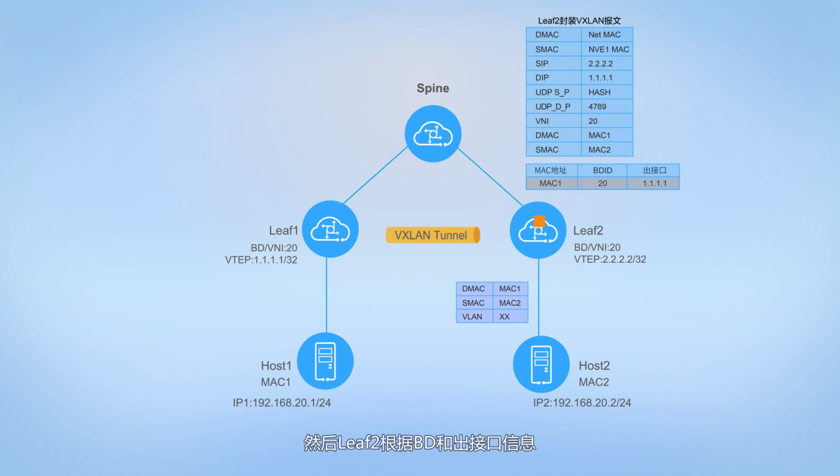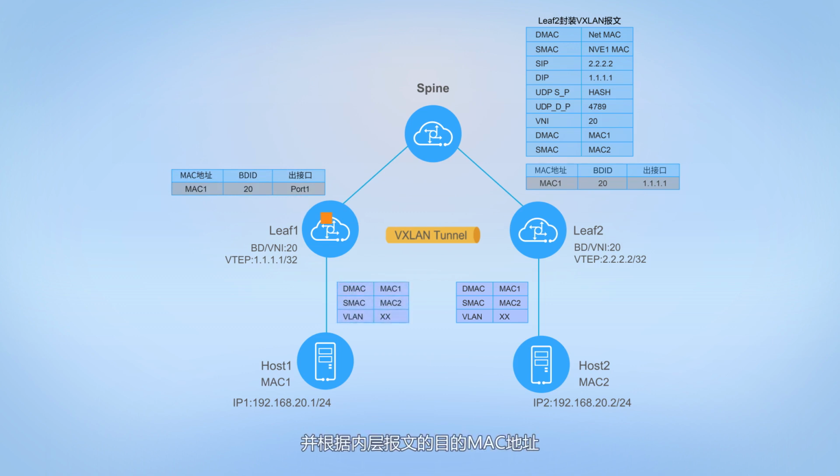Then, leaf 2 performs VXLAN encapsulation based on the BD and outbound interface and forwards the packets to leaf 1. After receiving the VXLAN packet, leaf 1 decapsulates it to obtain the inner packet, searches for the outbound interface in the local MAC address table based on the destination MAC address of the inner packet, and sends the packet to host 1.